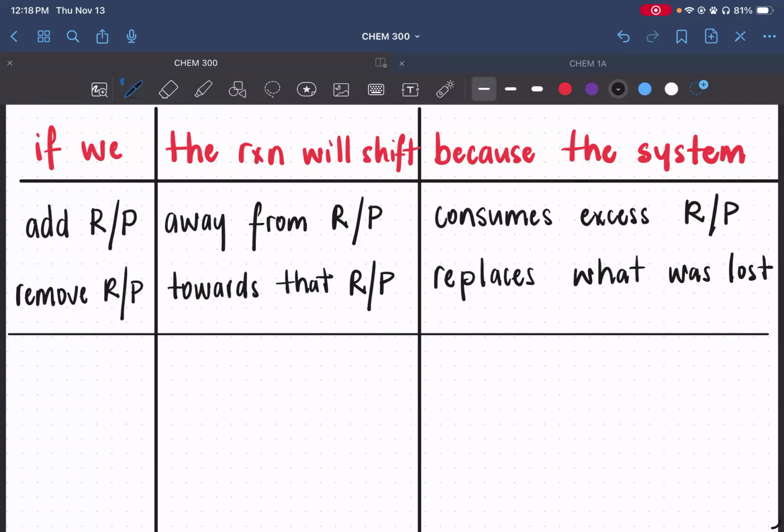Another way that we can stress a reaction is we can increase pressure. If we increase pressure, the reaction will shift towards fewer gases.